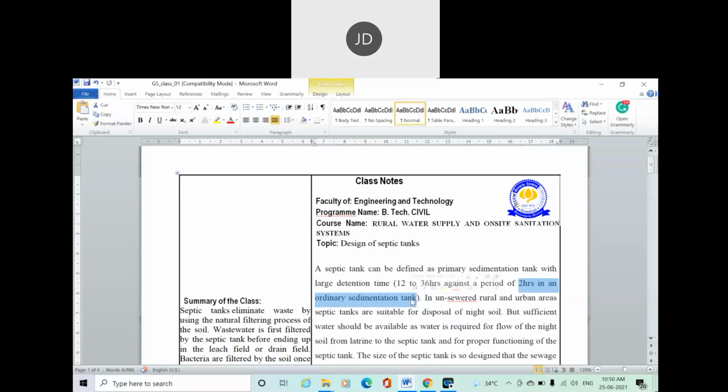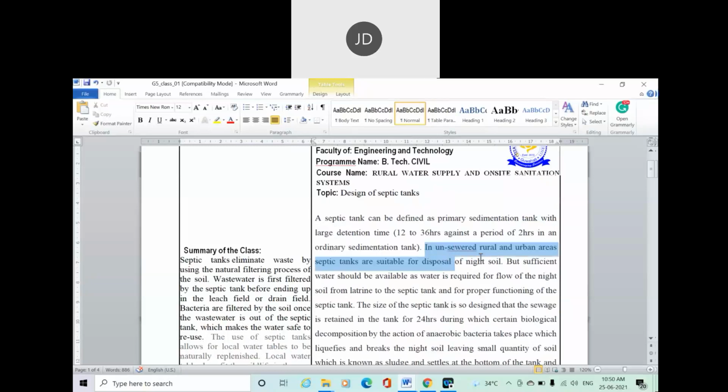But in a septic tank, the wastewater will be there for at least 12 to 36 hours. Basically, this is your detention time, so the detention time of a septic tank is higher than that of an ordinary sedimentation tank.